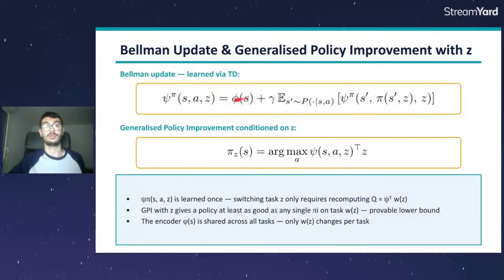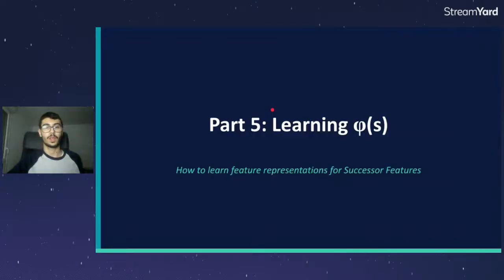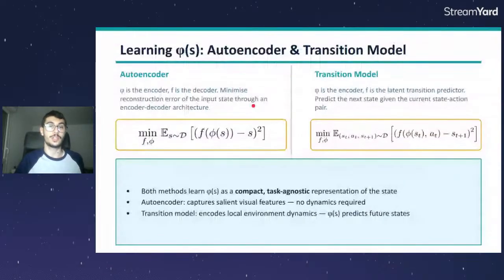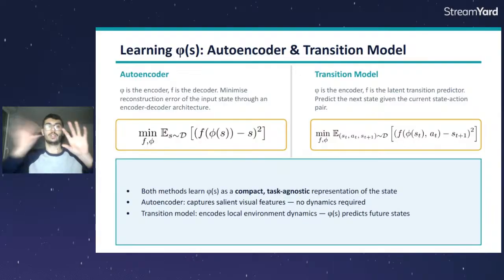We need to train φ of S. So how do we learn this? We use some basic representation learning methods. For example, we can use autoencoders to learn relevant state features. I guess you're familiar with autoencoders. You have an encoder and a decoder, and the goal is to compress the states and try to decode them.